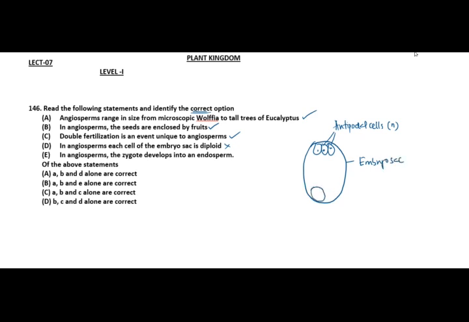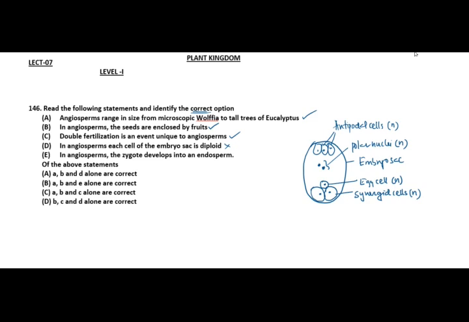Here we find the synergid cells, which are also haploid, and an egg cell, which is also haploid. And of course we find polar nuclei, which are also haploid. So the statement that each cell of the embryo sac is diploid is wrong.